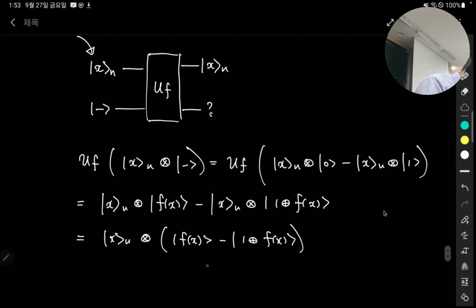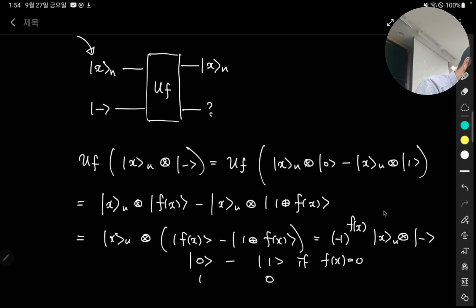But this is either 0, 1 or 1, 0, right? So it only matters what sign this has. If f(x) equals 0, it's ket 0 minus ket 1. And if f(x) equals 1, then it's ket 1 minus ket 0.